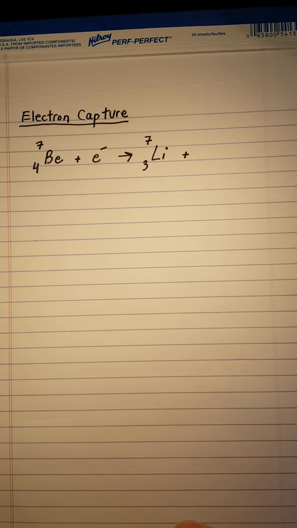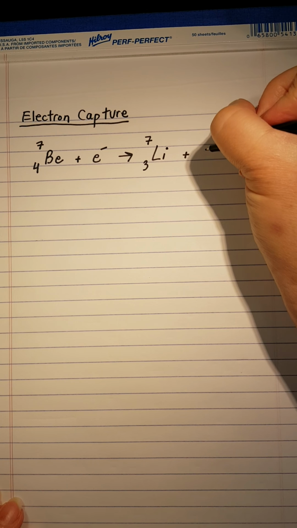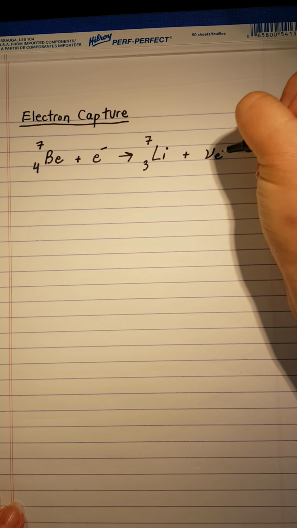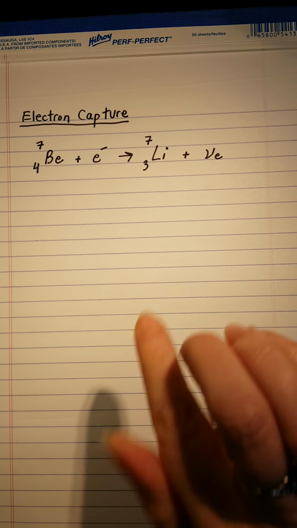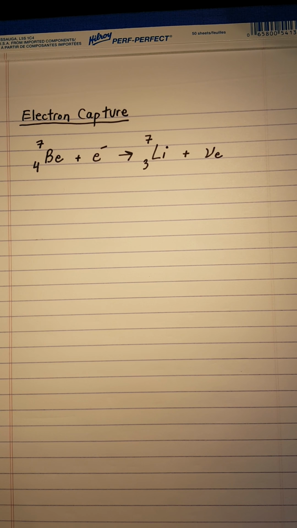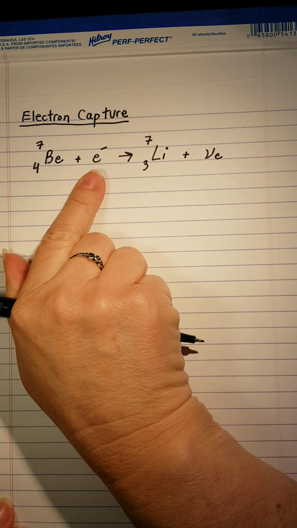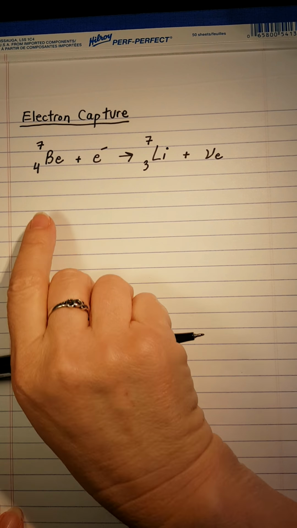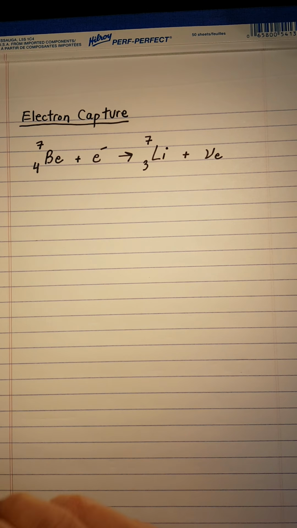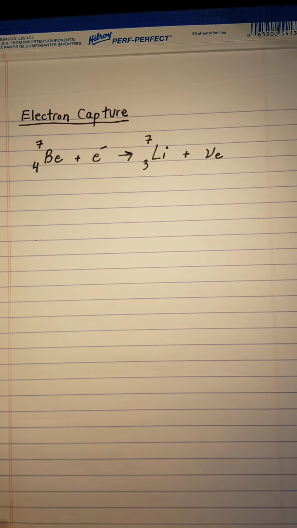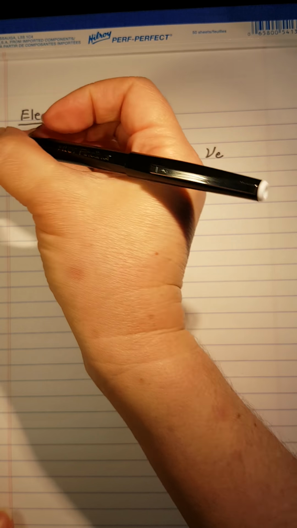And again, because we're dealing with electrons here, we also pick up a neutrino, and in this case it's an electron neutrino as a decay product here. Okay, so beryllium grabs that electron, and as you can see here, in general, we have our charge conservation again.